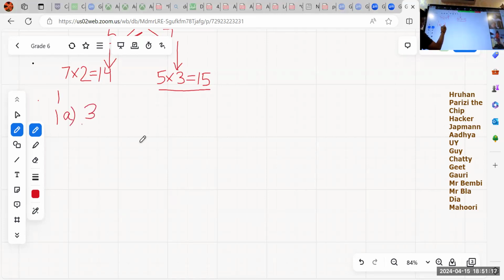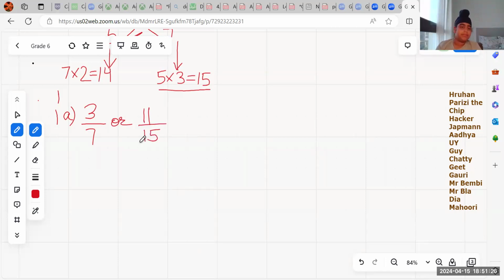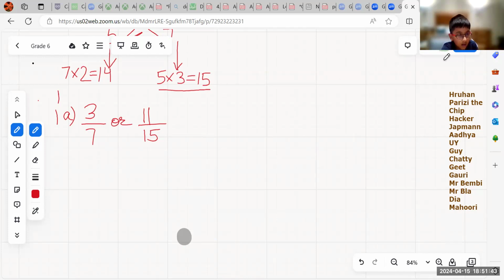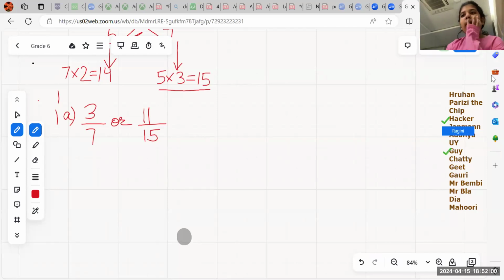Try solving by cross multiplication. Don't take more than a minute.